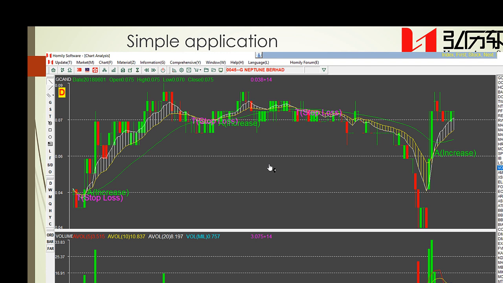Like this, from here we can see the price is near the white line, right? This area is near the white line, so usually the price is near the lines. After that we can see the price is dropping fast, and then he didn't hit a new low, so it is a good signal. He wants to pull up.